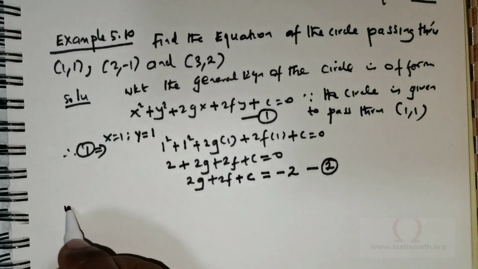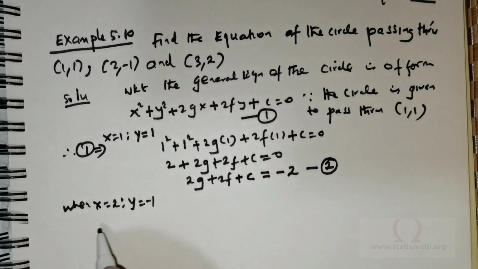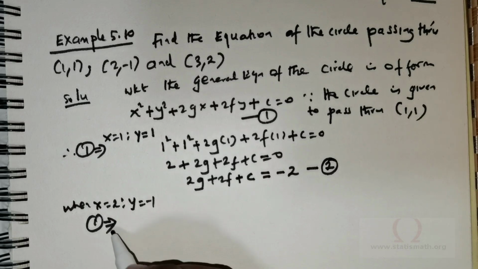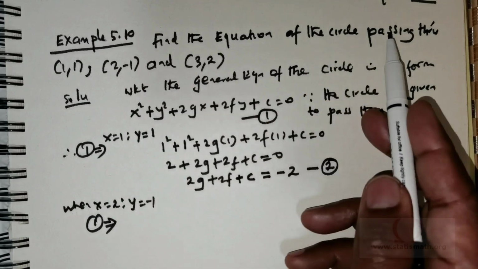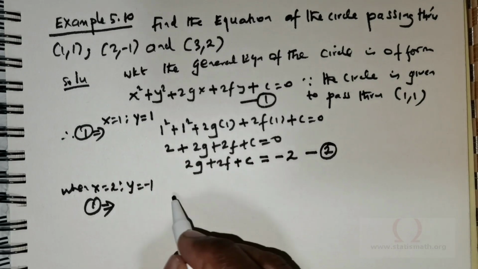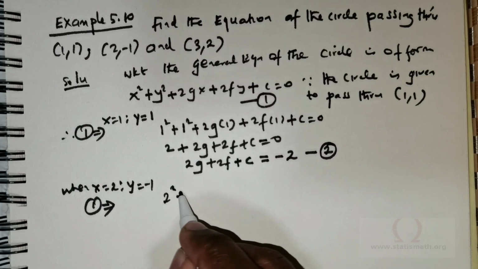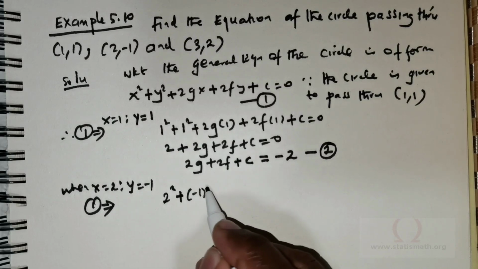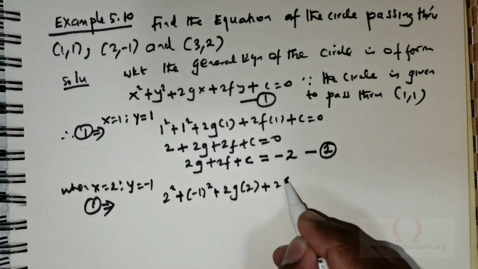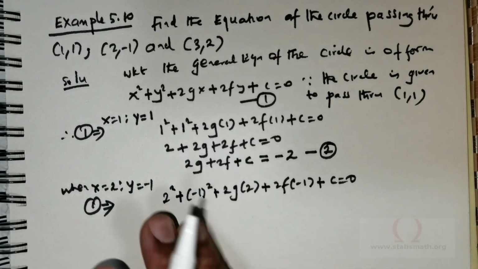Now when x is equal to 2 and y is equal to -1, you should also do that substitution, because it says that the circle passes through all of these 3 points. So in place of x I substitute 2, it's going to be 2 squared, in place of y I substitute -1 squared, plus 2 times g times 2 plus 2 times f times -1 plus c is equal to 0.